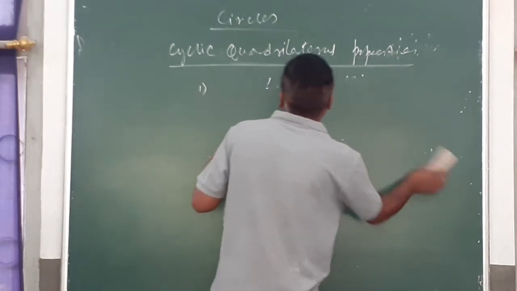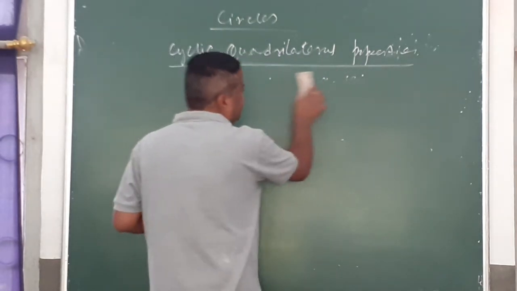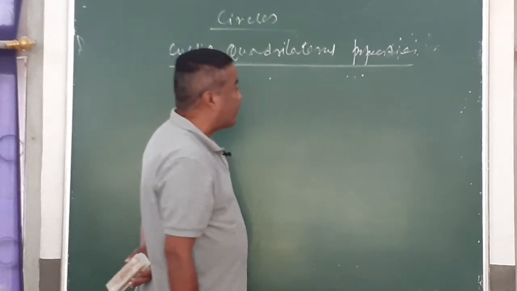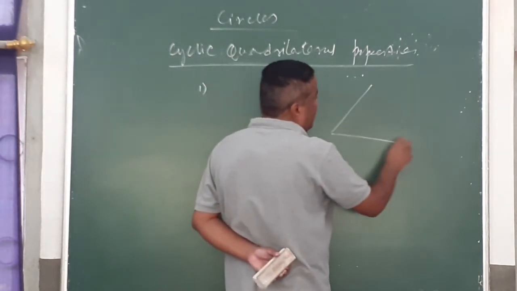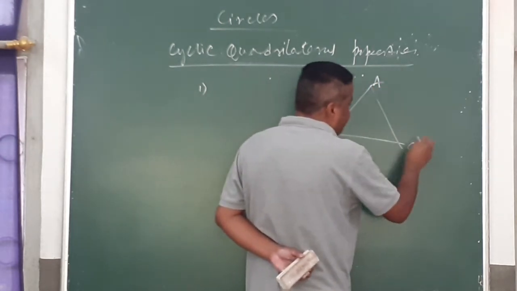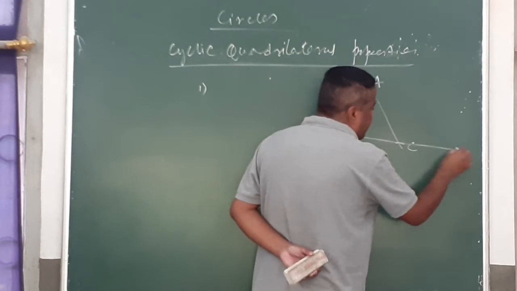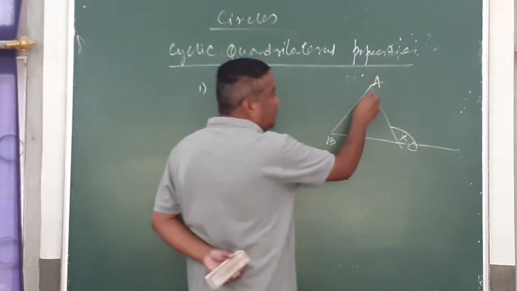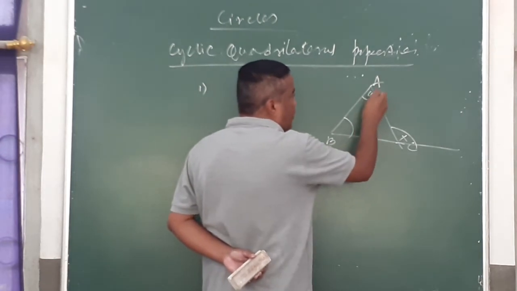Now, last theorem under cyclic quadrilateral. Till class 9, you have done the exterior angle property. What is that? Suppose this is a triangle ABC. Exterior angle property means this angle, suppose this is X, is the sum of these two.